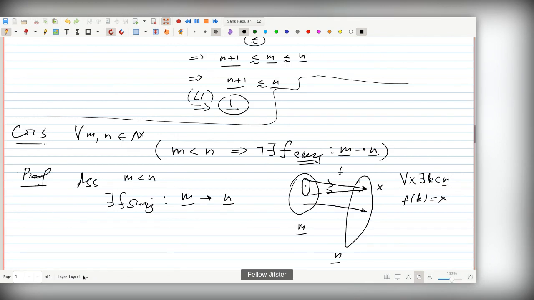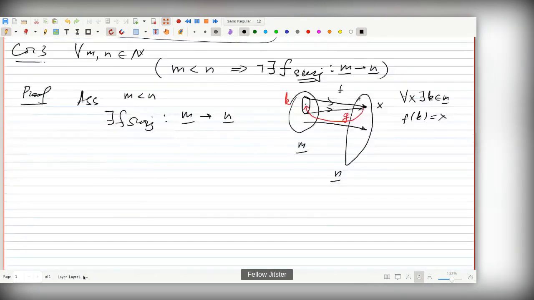And our task is to take one of them. Let us take just one of these k's and define a function g which will map every x to some k with this property. In fact, working with numerical sets, we can define it in a clearer way.